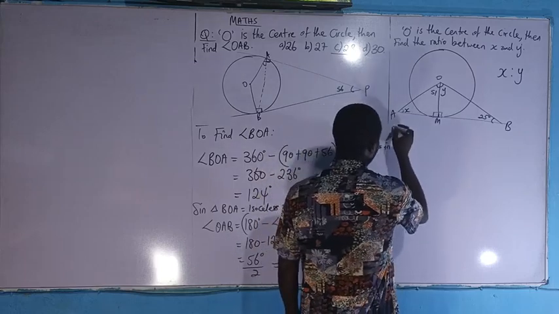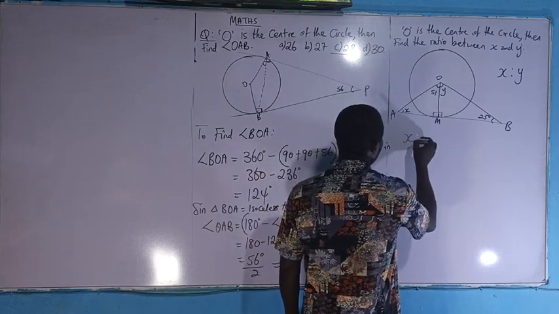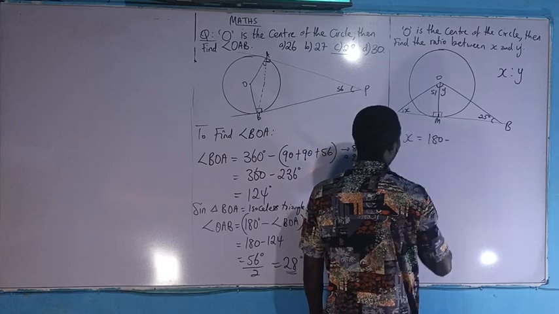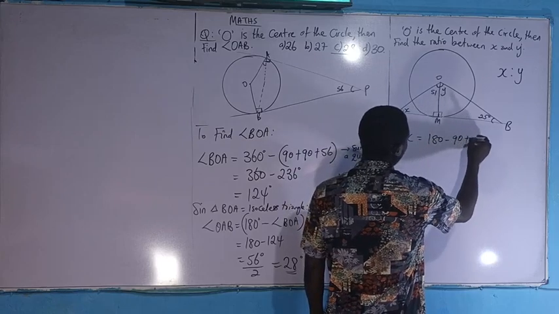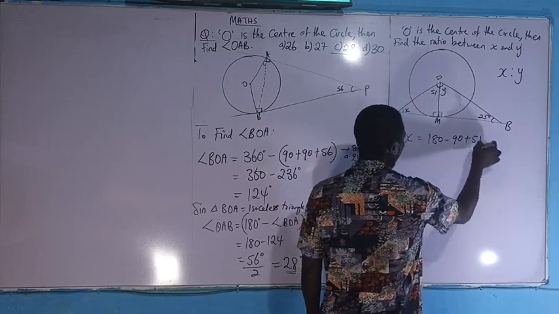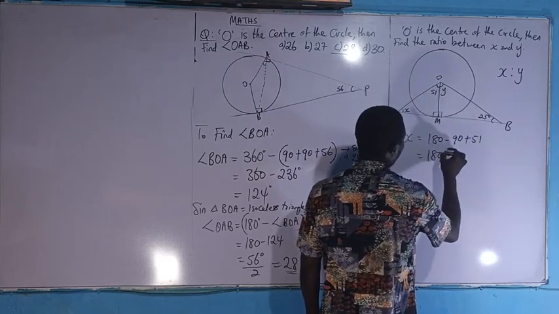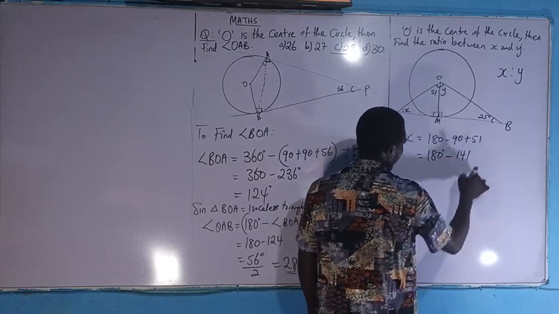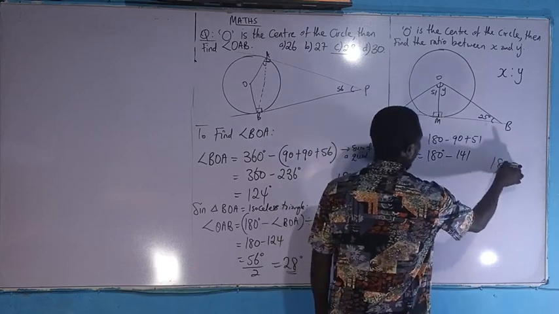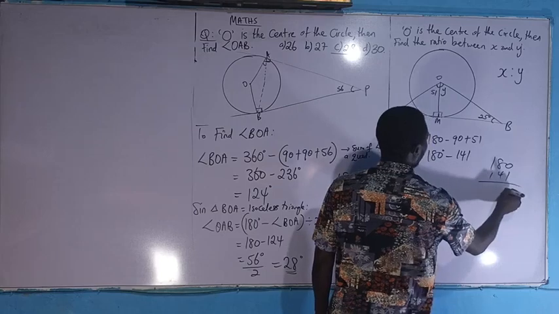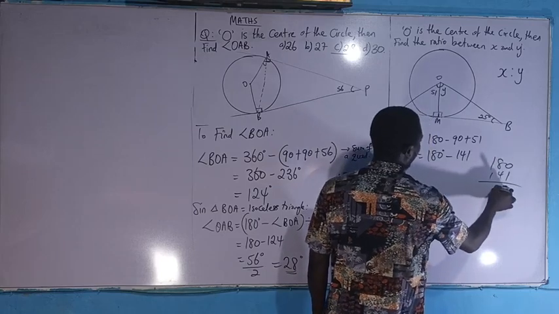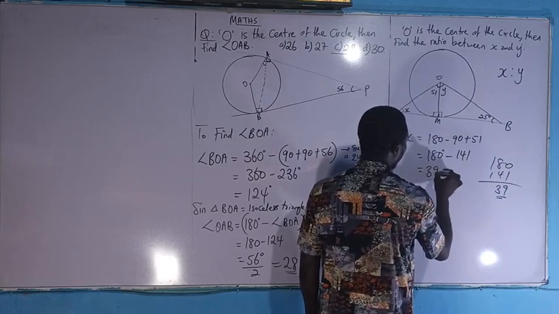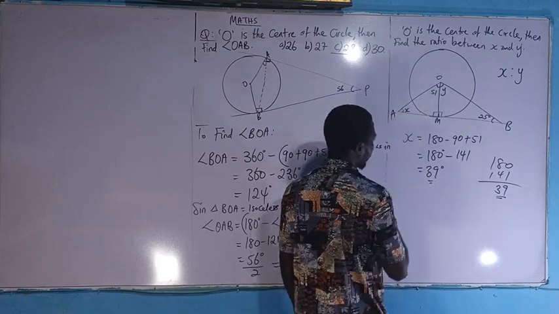So to find x, x will be equal to 180 degrees minus 90 plus 51. 90 plus 51 is 141. So 180 minus 141 will give us 39 degrees. That's the value of x.